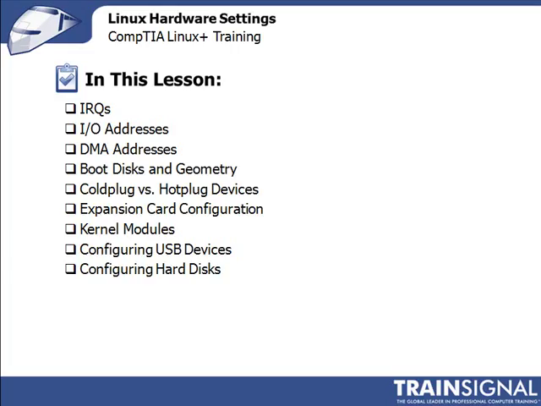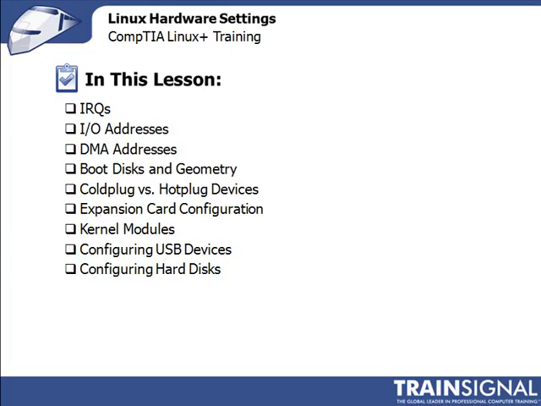And for those pursuing the CompTIA Linux Plus certification, this course maps directly to CompTIA's published objectives, which is why we begin with the first objective, Linux hardware settings. In this lesson, we'll cover IRQs and how they relate to specific hardware, I/O and DMA addresses and how they facilitate communications between hardware and the Linux operating system.